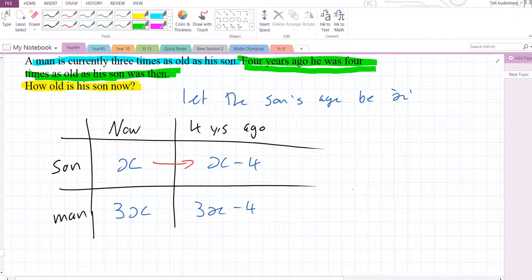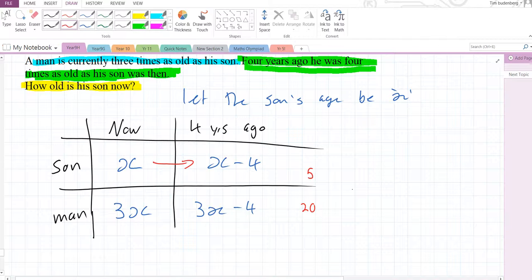4 years ago, he was 4 times as old as his son was then. That means that 4 years ago, the man was 4 times the age of the son. So, for example, if the son was 5, then the man would have been 20.